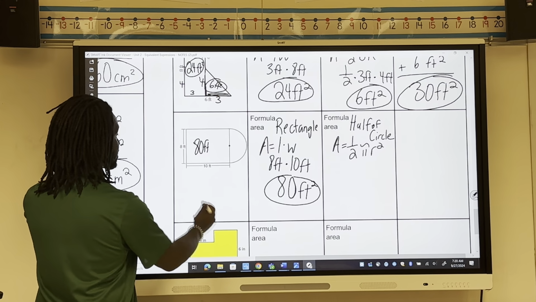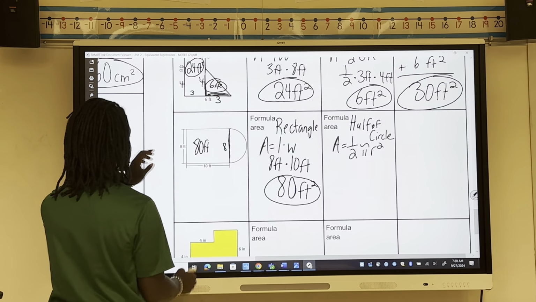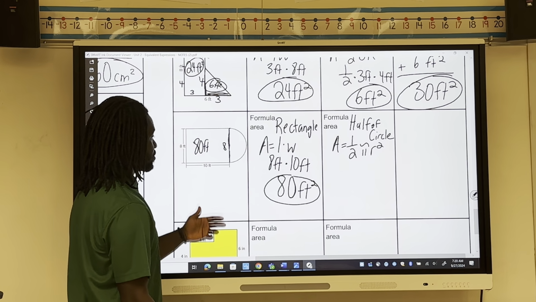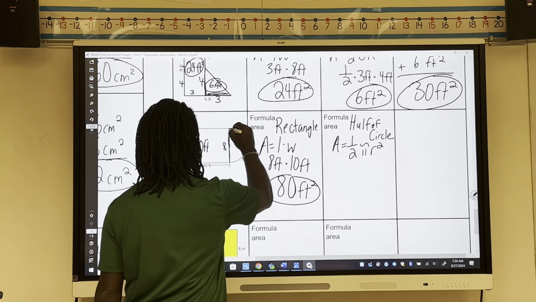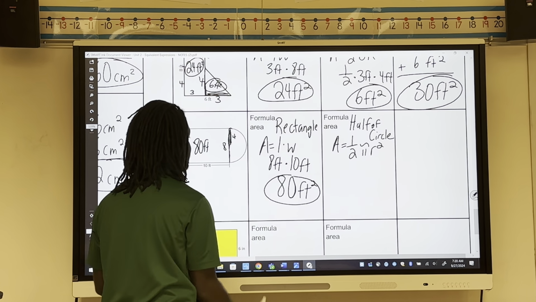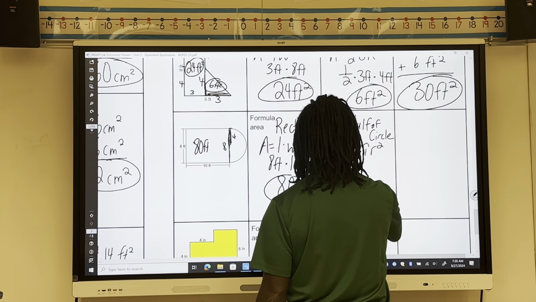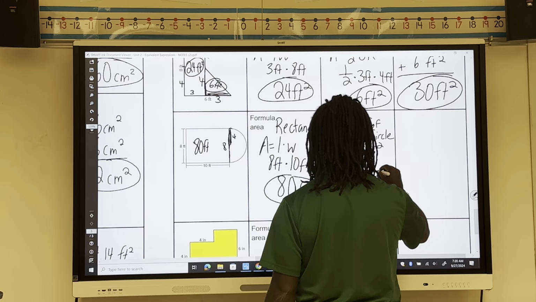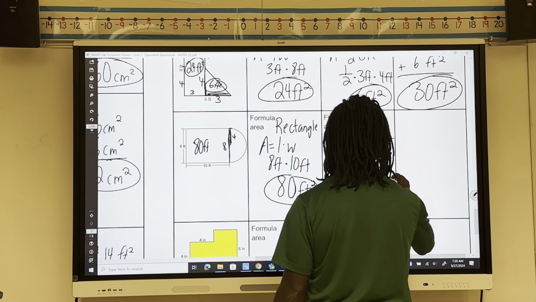Now, for my circle, I know this is 8, right? Because this side is 8. But remember, this is the diameter, goes all the way across. We only need the radius, so we only need half of that. So the radius would be 4, okay? So we got 1/2, A equals 1/2 pi, then r is 4 squared, and that is feet, okay?